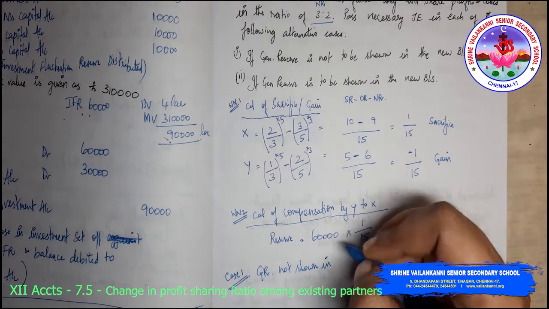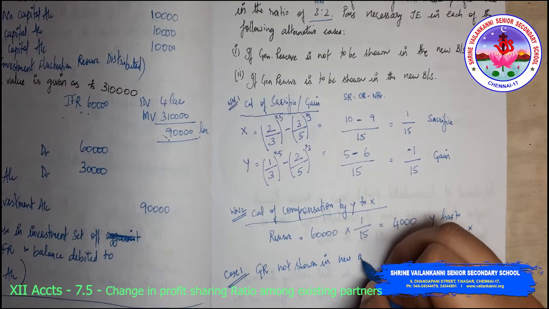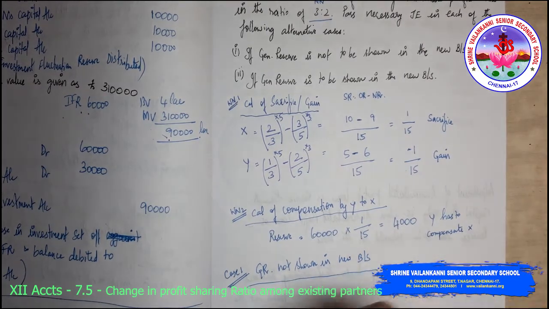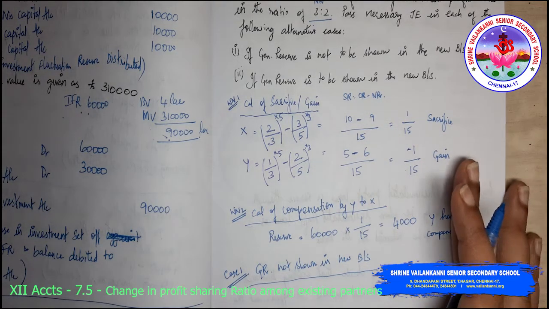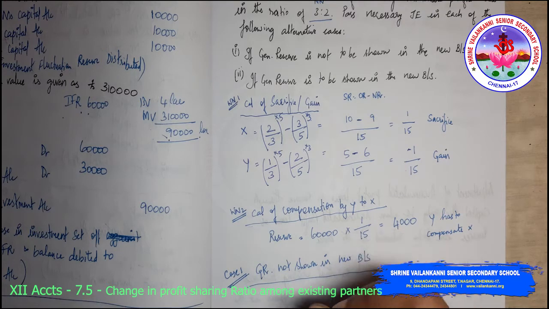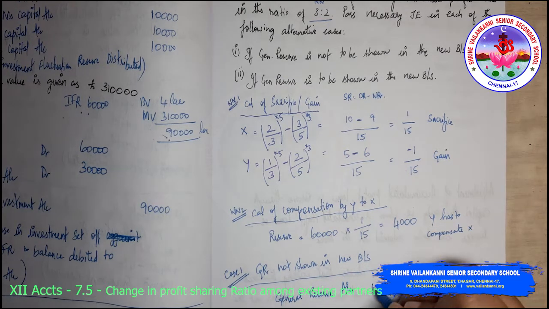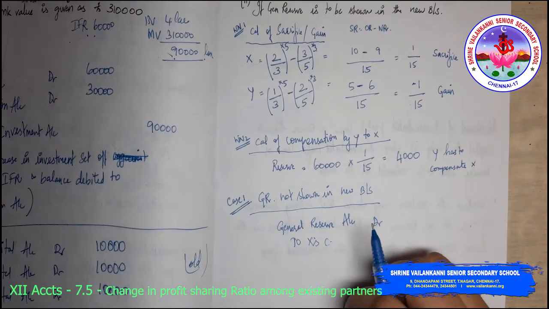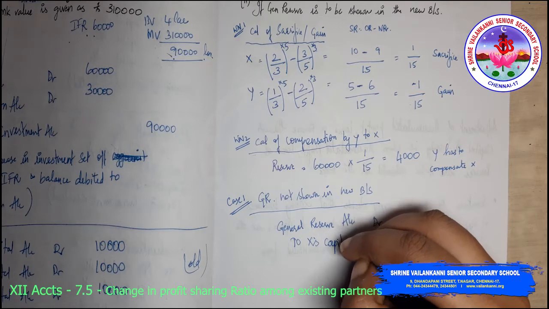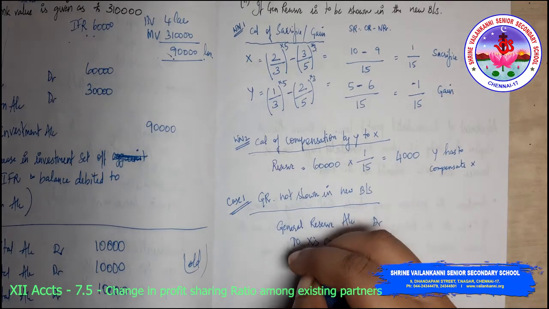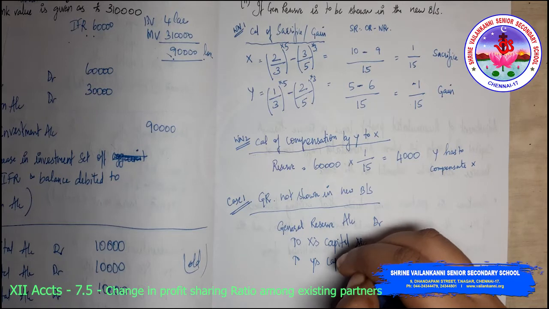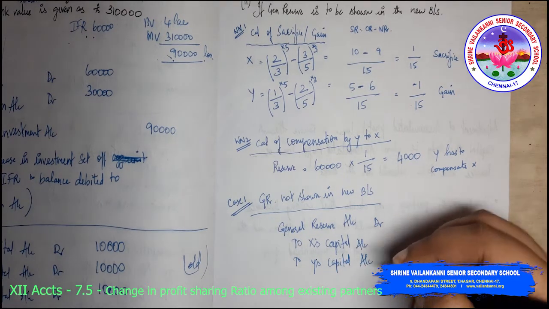Now in the first case, case 1, that is general reserve not shown in the new balance sheet, we will just have to segregate the general reserve and show general reserve account debit to X capital account and Y's capital account.